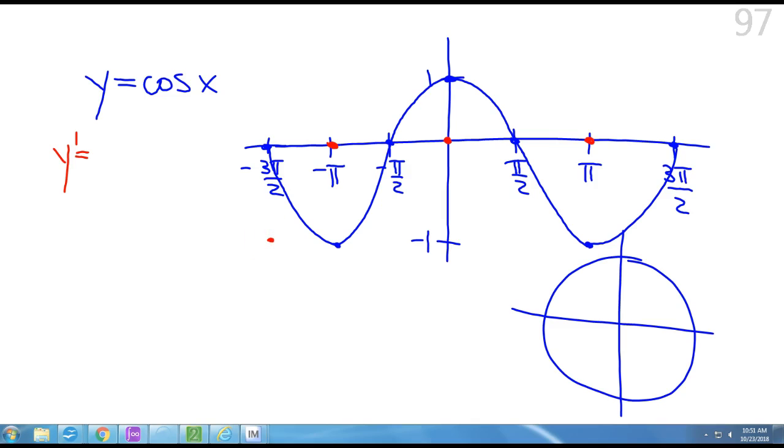Your slope here is actually 1. Your slope here is -1. And your slope there is 1. So if we connect those, what is that? Good, so it's not actually sine.